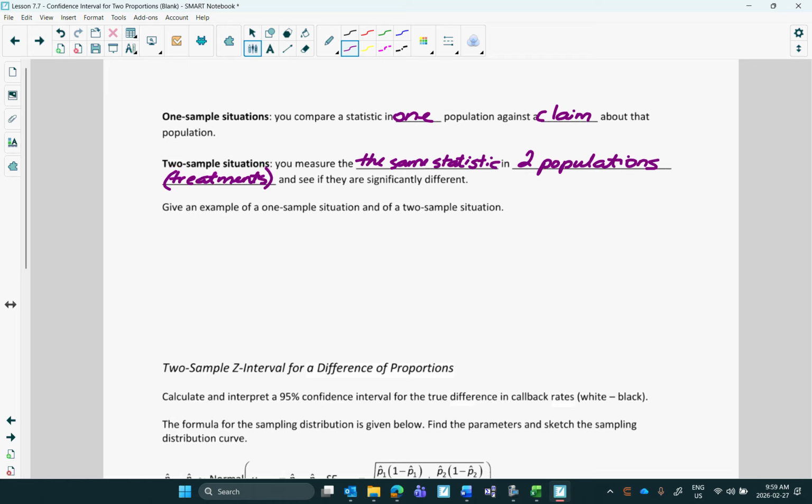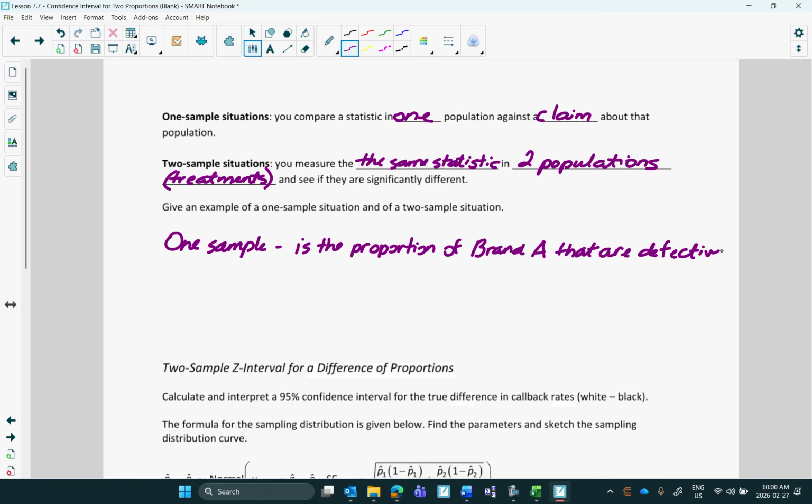Okay. So just an example that's different from this, just so you can get an idea, a one sample: is the proportion of Brand A batteries that are defective greater than 5%?